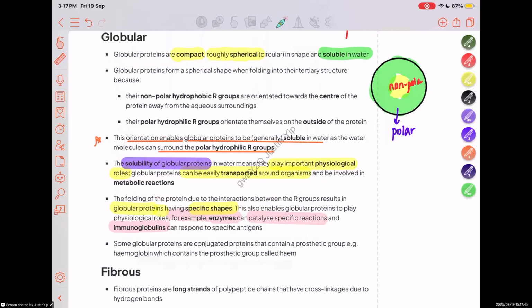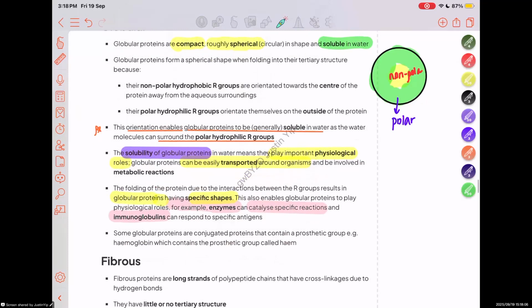This we will learn in chapter 3, the next chapter, for enzymes. In IGCSE you learned before, right, that the enzyme is complementary to the active site, or complementary to the substrate. This means your enzyme needs a specific shape towards your substrate. So this is the globular protein part.